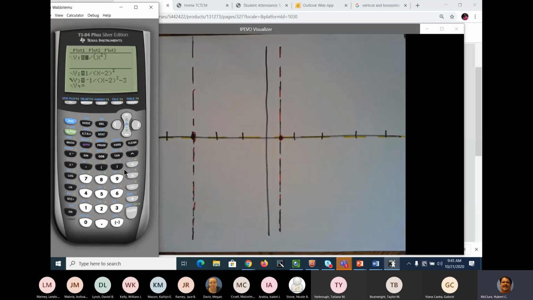Y is equal to the first one. I'm gonna get my regular.